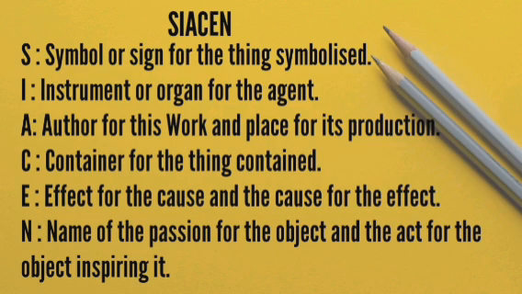Similarly, John Keats uses a line: O for a beaker full of the warm South. So here South means south of Europe, not South India. Wine made in the south of Europe was very famous.